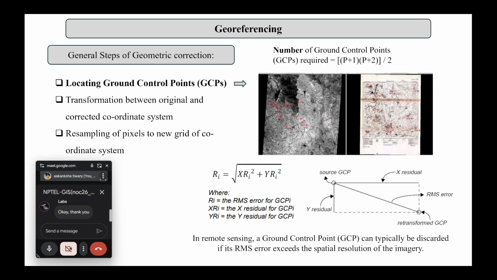What is a GCP? Suppose this is your image and you have a topographic map of an area. There are some features you can easily identify in both your image and your topographic map. Those features can act as ground control points.